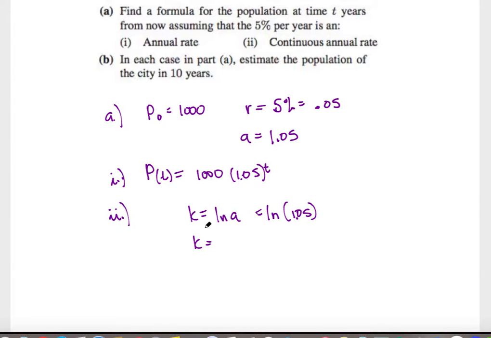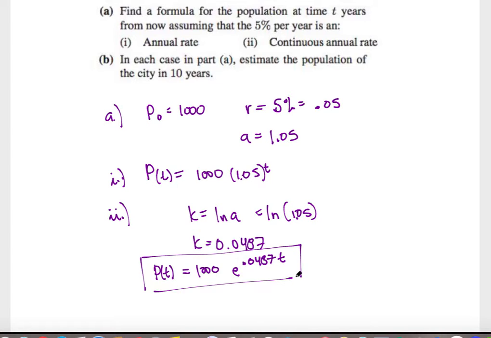So k in this case is going to be 0.0487. We'll round it to that. And so our P of t is going to be 1,000, same initial, times e raised to the 0.0487t. So here are our two population functions.